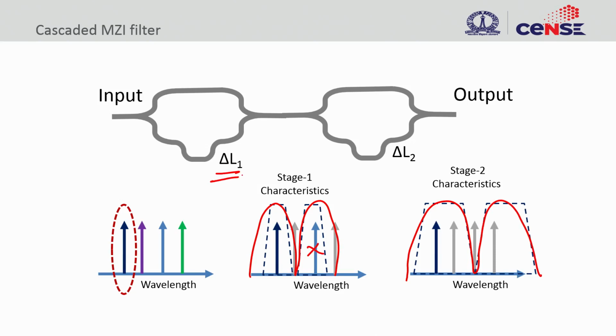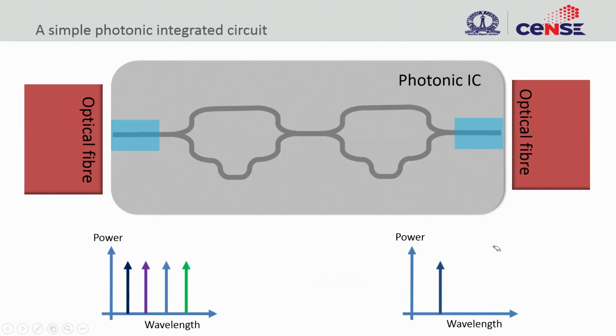For that we need two different types of delta L. So when you take a Mach-Zehnder, we can use this kind of configuration to create what we call a cascaded Mach-Zehnder filter, in order to get only one wavelength out of this particular system. Using this, we can create a Mach-Zehnder based filter that selects a single channel out of 4 different channels.